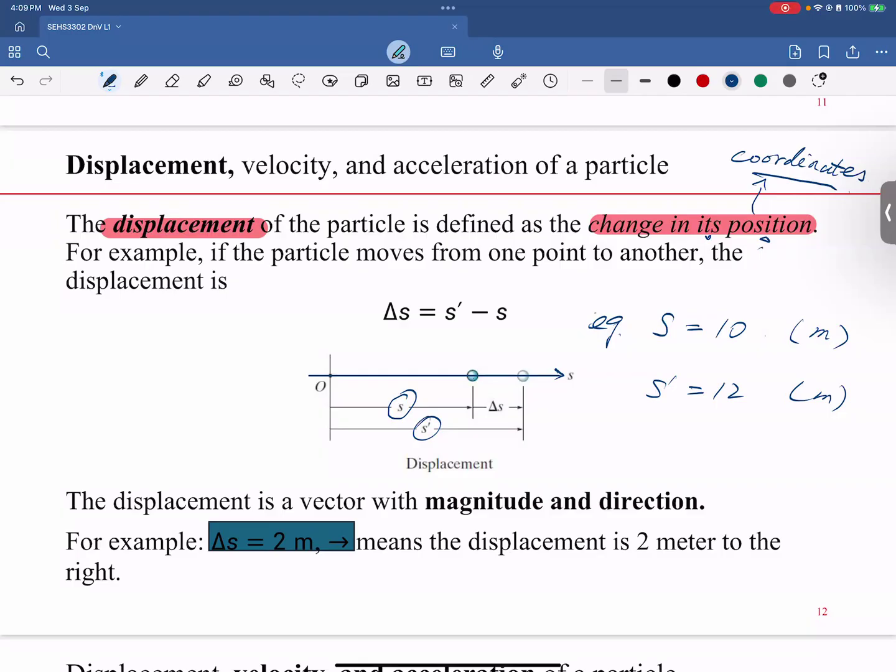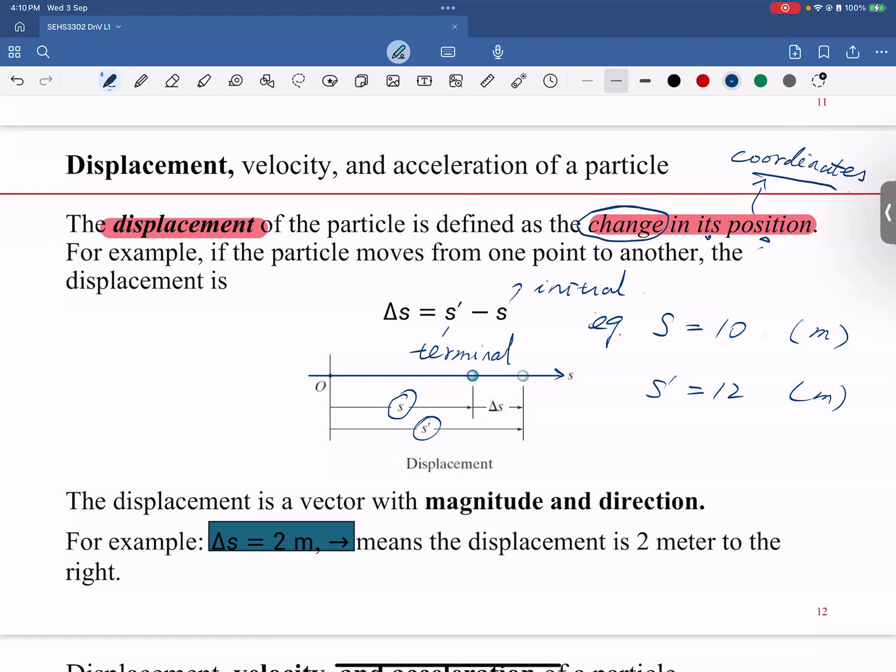And how to find the displacement, right? Because we call it the change in position. Change means terminal minus initial, okay? 一定是后面的减去前面的，那才叫 change.